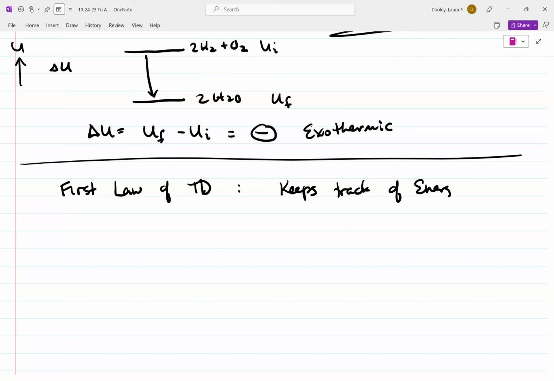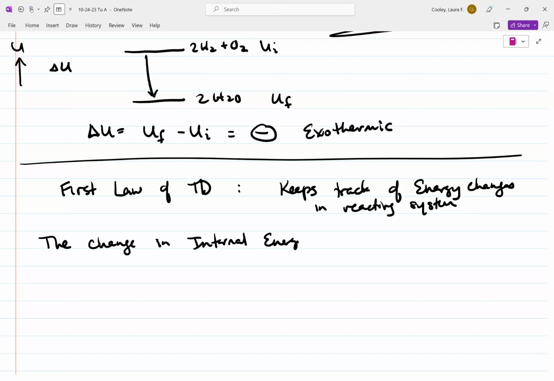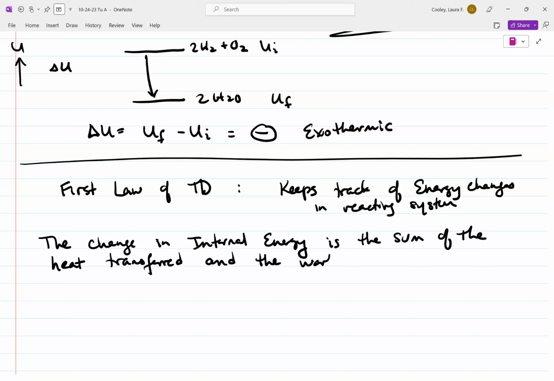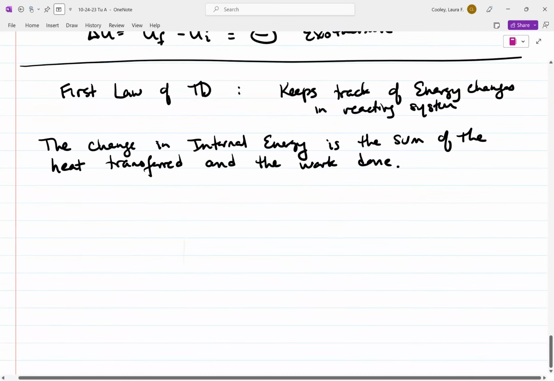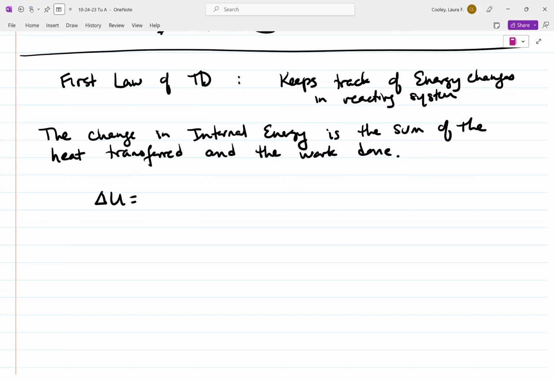It says that the change in internal energy is the sum of the heat transferred and the work done. And we write it, delta U is Q plus W, where Q is heat and W is work.